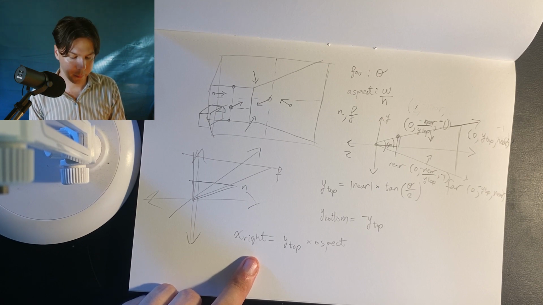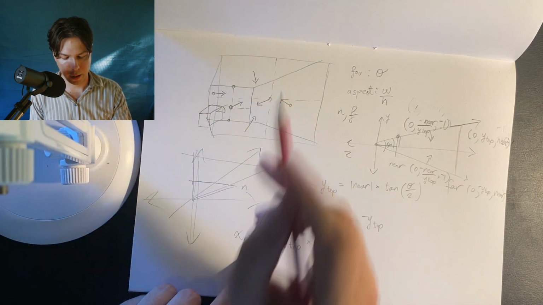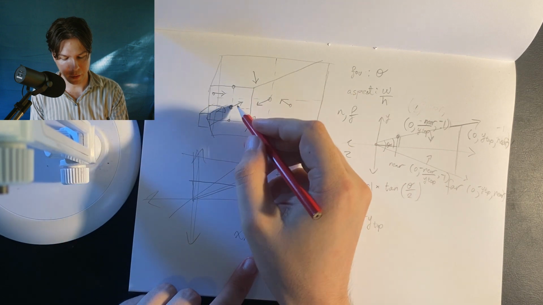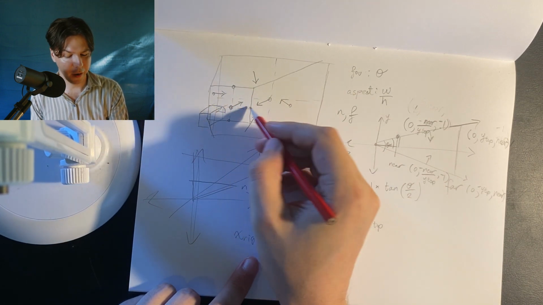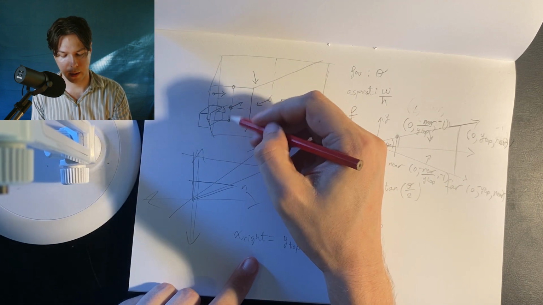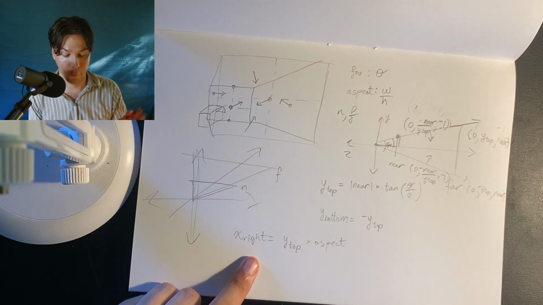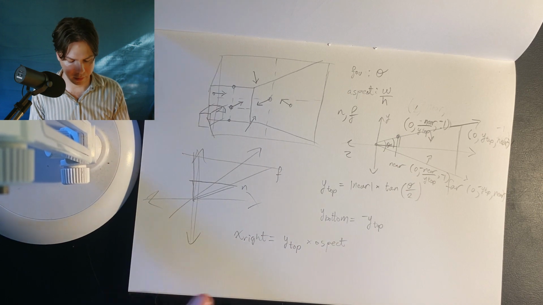So what I should expect is that this plane will be 0.1 away from me. It'll be about 0.05 either way, and a little bit less, 0.04 on the top and bottom, or something like that.